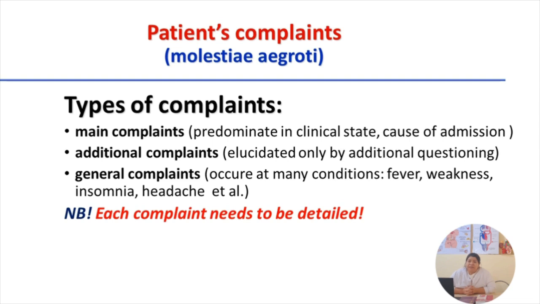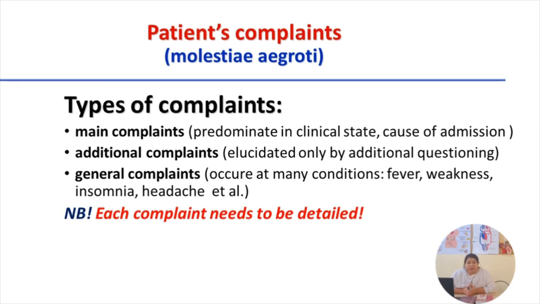What are main complaints? For example, main complaints for pneumonia are cough and increase in temperature. Main complaints for bronchitis are cough. Main complaints for angina pectoris are chest pain. Main complaint for arterial hypertension is headache.